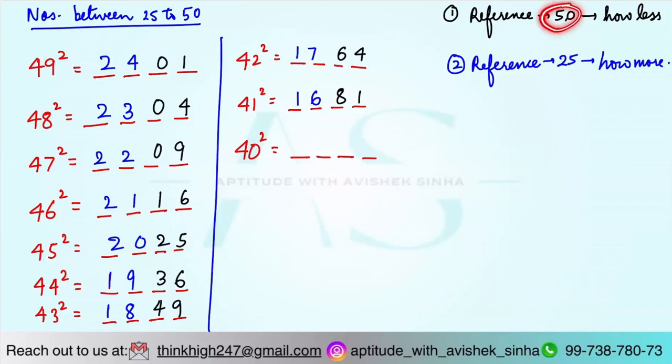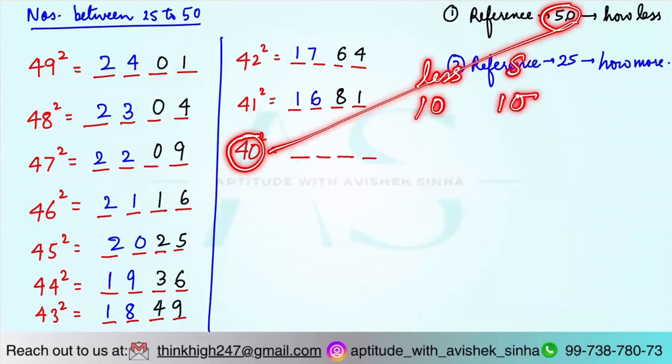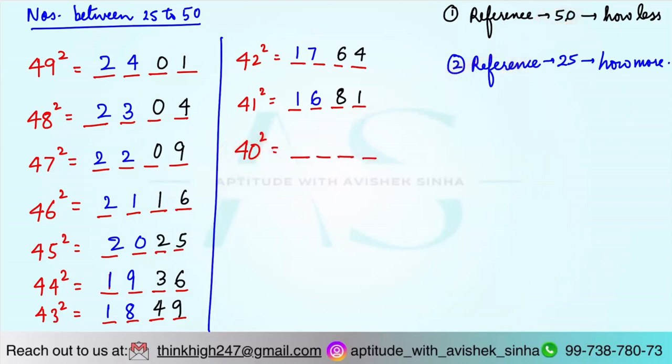So 50 and 40, it is 10 less. The square of 10 is 100. But we are only supposed to look at the last two digits. Here we have a 3-digit number. So what we'll do, we'll write 100. So these two positions are exactly 00, but we don't know about this position. So we have taken 1 as carried forward.